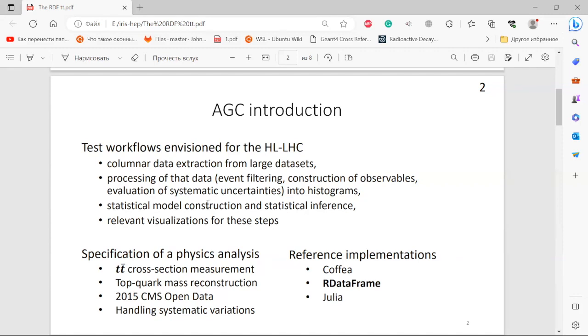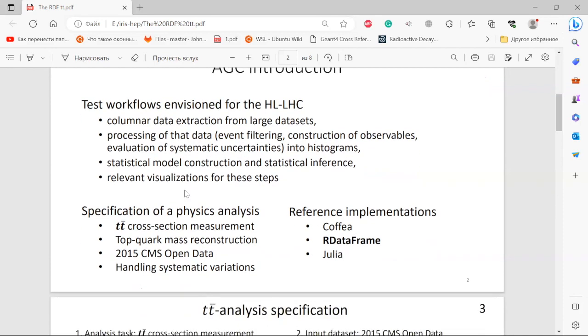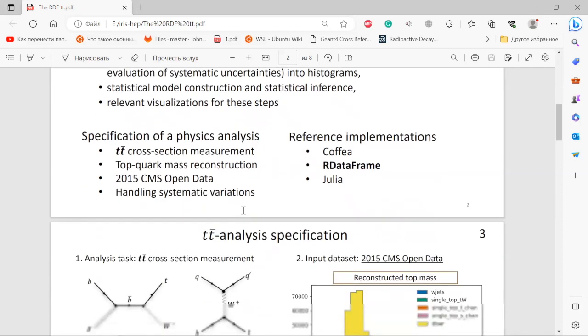The second is a reference implementation, demonstrating the successful execution of this analysis task at scale. Currently, three implementations are being developed. The primary one is Coffee, made by Alex, and this project focuses on the RDataFrame implementation.